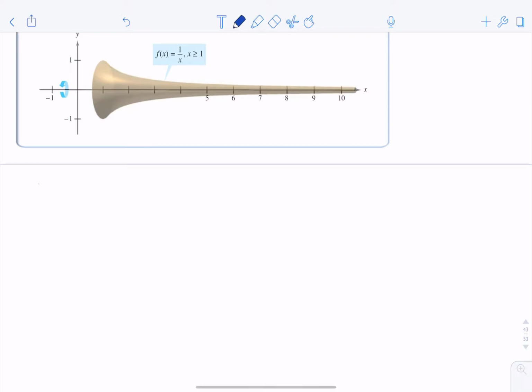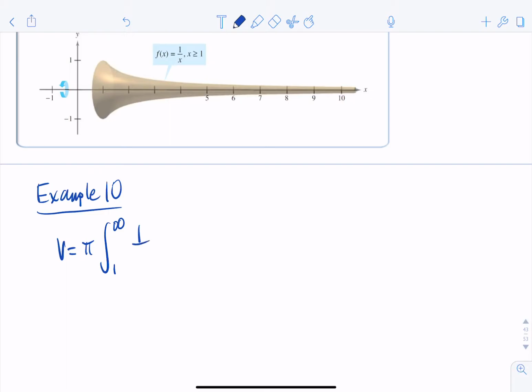For this particular example, we have our volume being equal to pi, don't forget your pi, definite integral from 1 to infinity of 1 over x squared with respect to x.